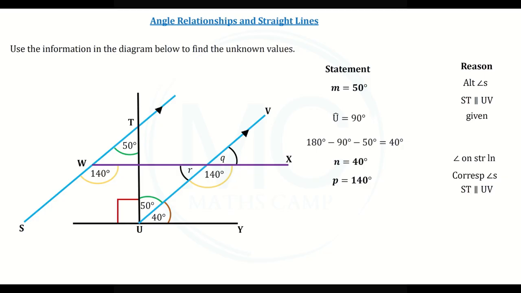Now we know that P is 140 degrees, and we can see that we found N to be 40 degrees as well. 140 plus 40 gives us 180 degrees. So let's make a note of this over here. These angles lie between WX and the line UY.